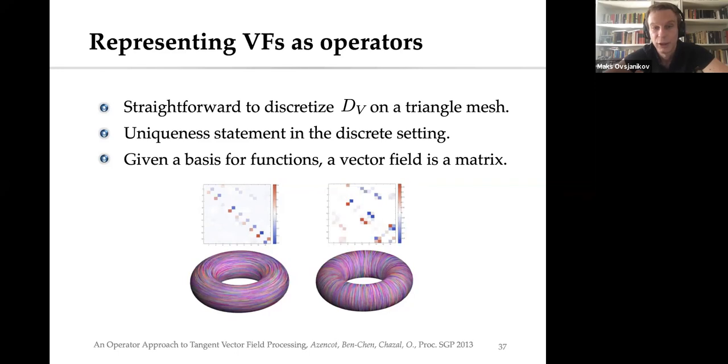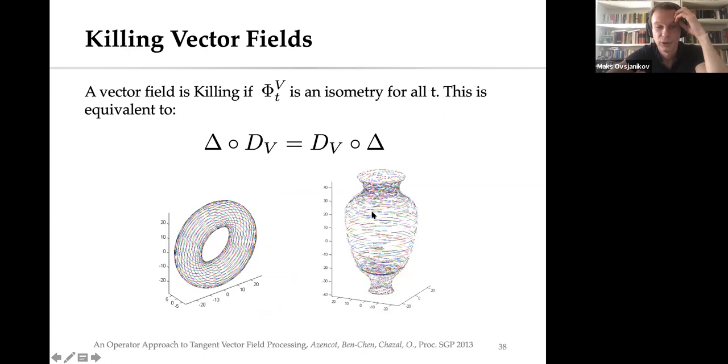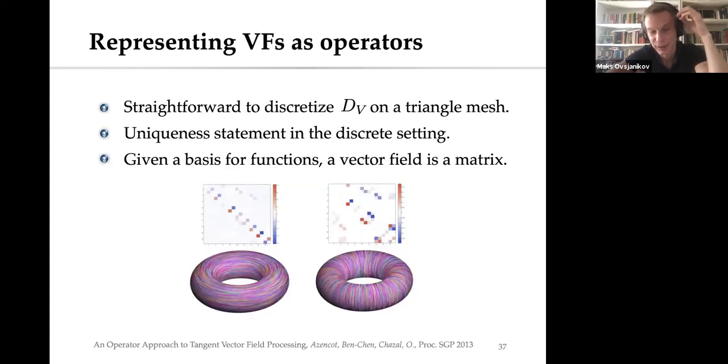Once again, because we have a linear operator that acts on functions, we can represent it as a matrix. So once again, a vector field becomes a matrix, right? Similarly to how the correspondence or mapping was a matrix, now vector fields become matrices. This is one vector field and the corresponding matrix, this is another vector field and the corresponding matrix. We just took something and wrote it in a different way.